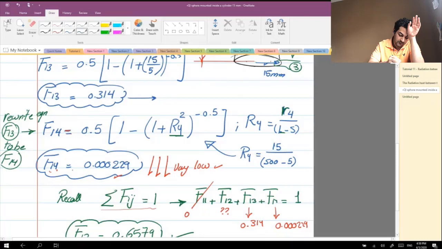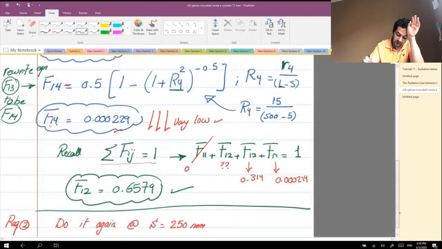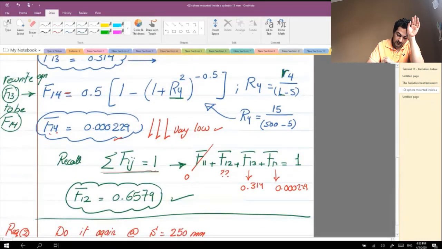So from here we got F13 and F14, and that was an uncommon configuration between two surfaces, and from this very important equation we've got F12. That's good? Good.